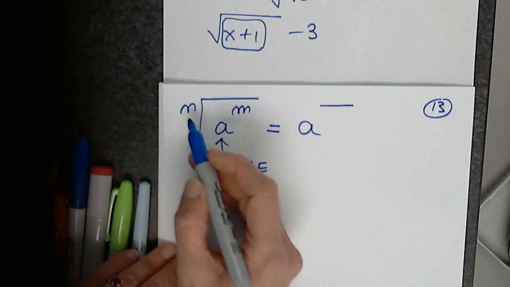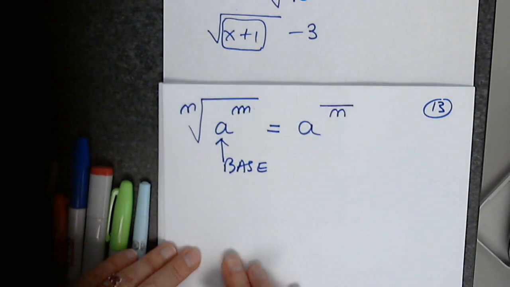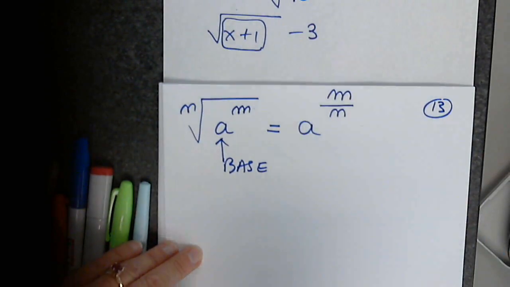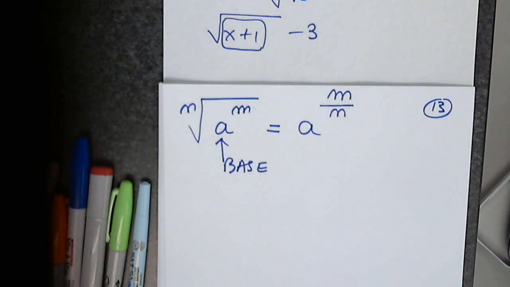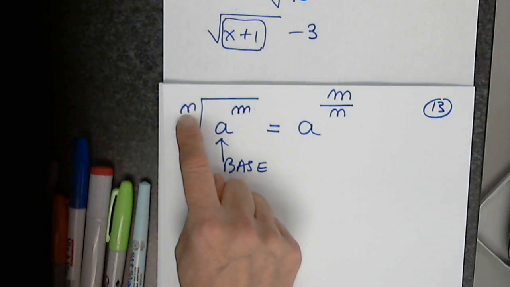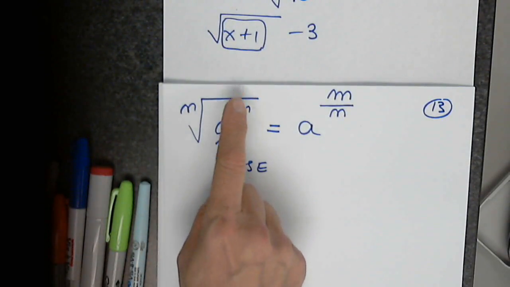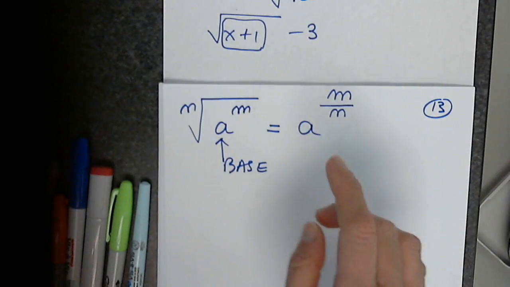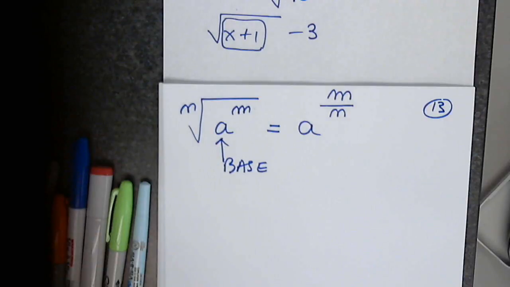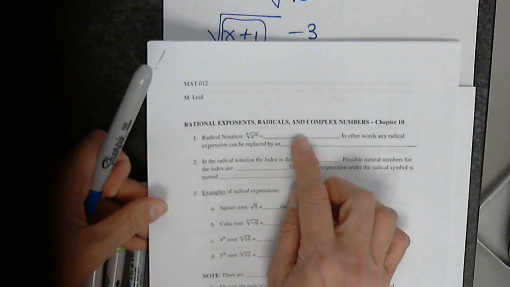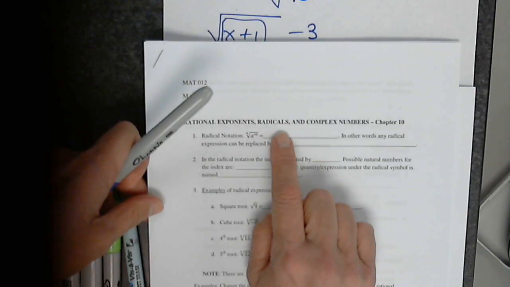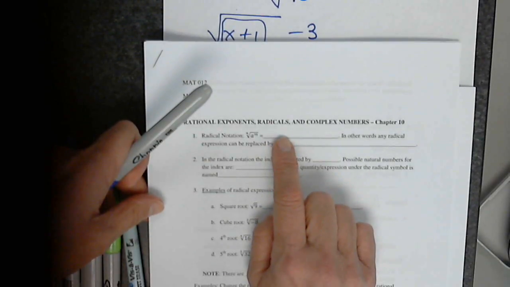The index is always in the denominator. The power is always in the numerator. So m at the top, n at the bottom. This is m and this is n. The nth root of a to the mth power can be replaced by a raised to m over n. So if you'd like to fill it in your handout, it's a raised to m over n.